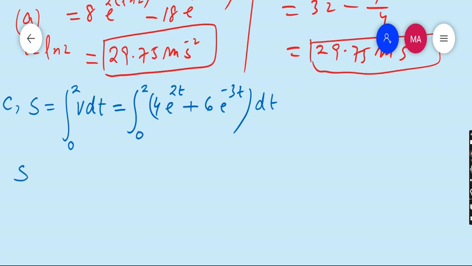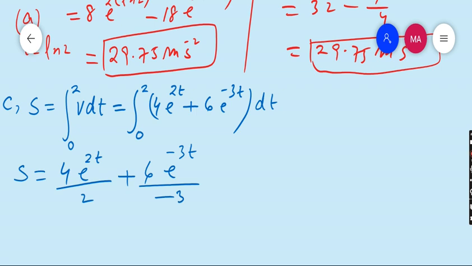So displacement S is equal to 4 times e^(2t) upon 2, plus 6 times e^(-3t) upon minus 3.